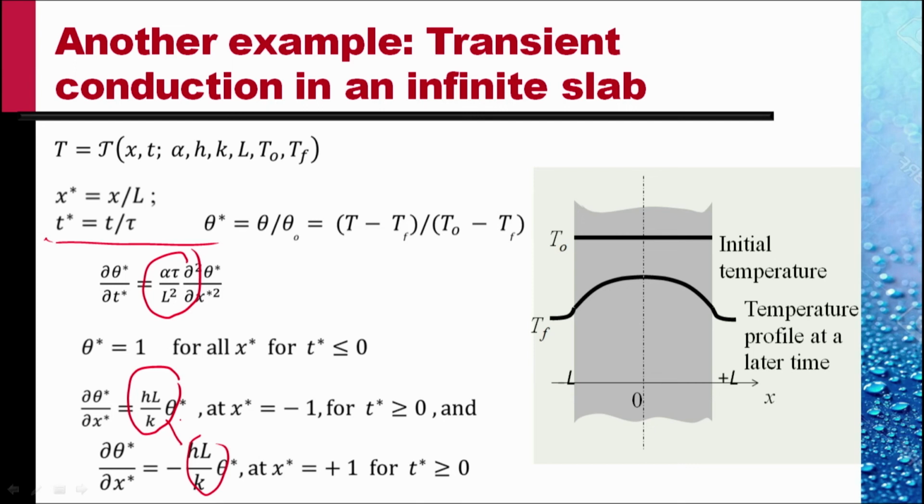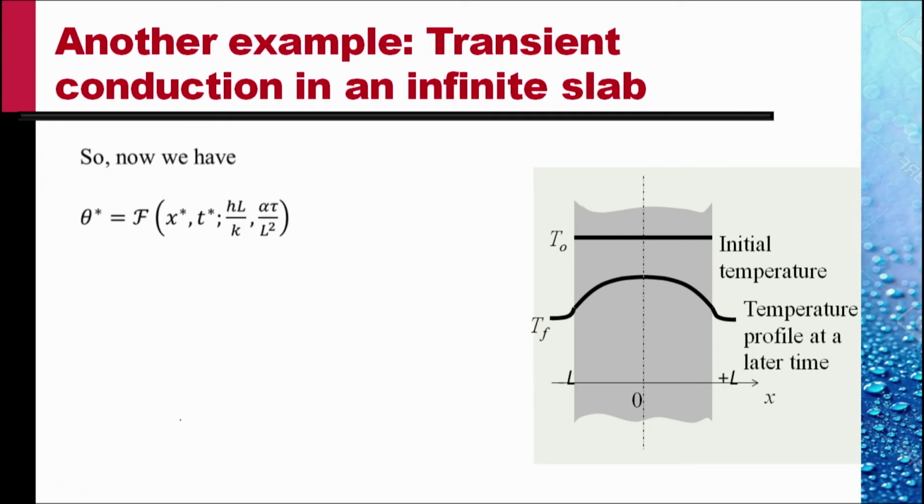If there are 2 geometrically similar situations and the values of these 2 parameters, alpha tau by L squared and HL by K, match in these 2 problems, then the non-dimensional theta star as a function of x star and t star would be identical in the 2 situations.